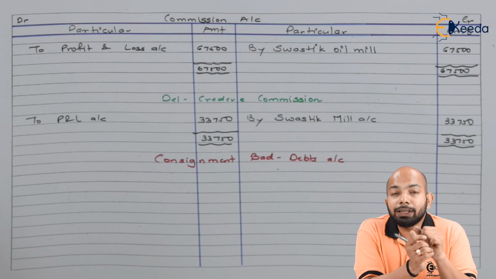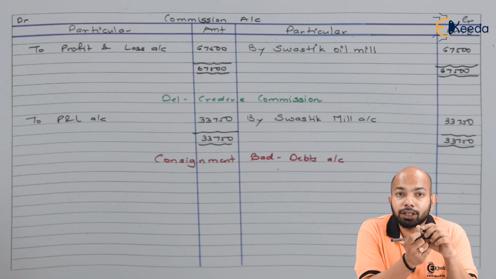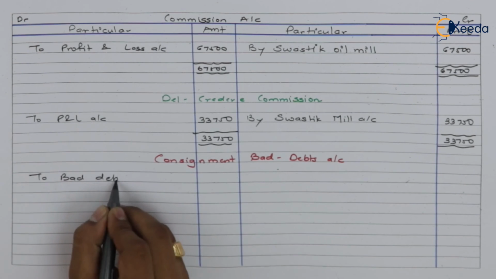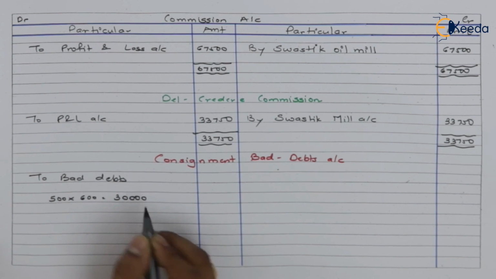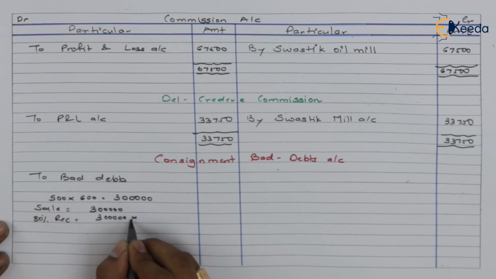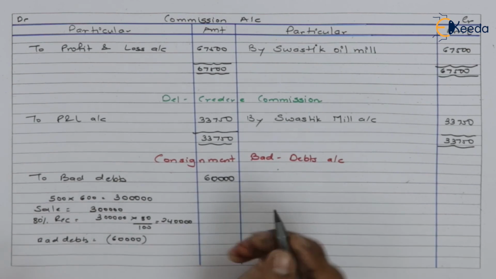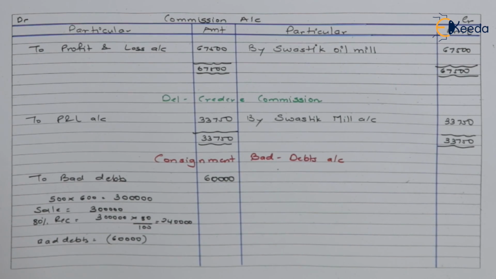So that will be an expense for the consignee, because there is a Del Credere commission. It will be on the debit side of this consignee's account and will be mentioned here. Similarly, we have noted the calculation also.